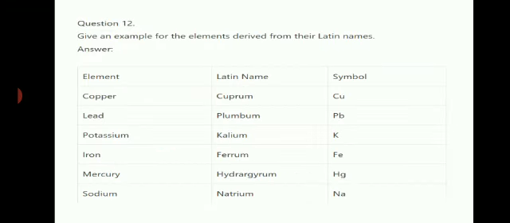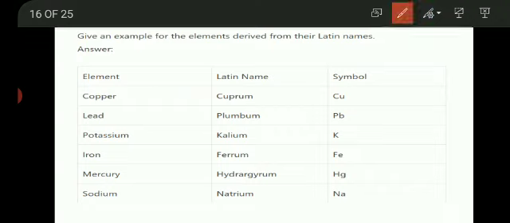Give an example for elements derived from their Latin names. The Latin words we have learnt already. Copper, the Latin word is cuprum, so we have to write Cu for copper. And lead, Latin word plumbum, so we have to write Pb.